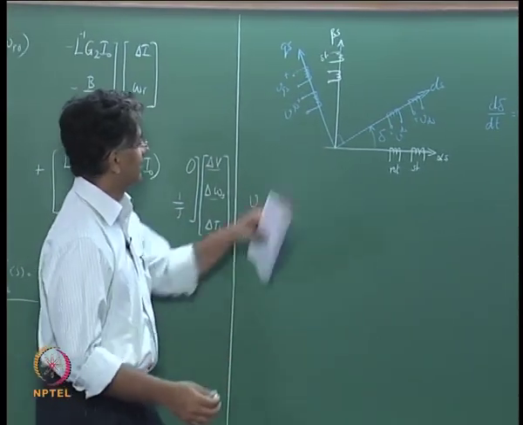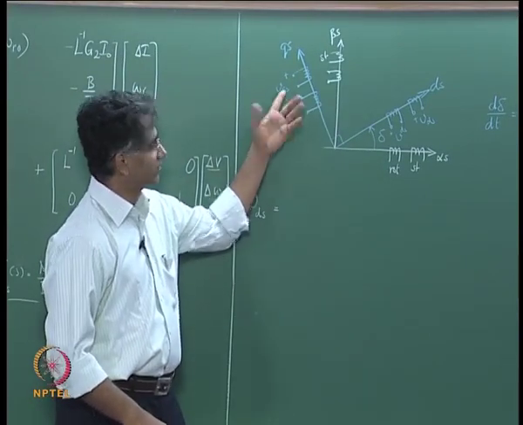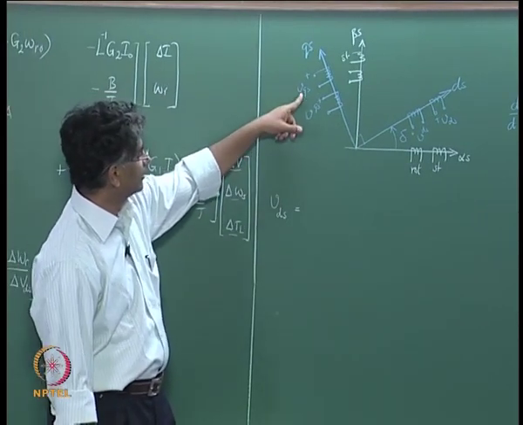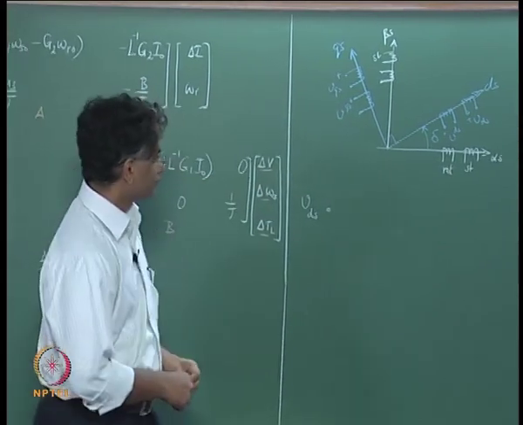Remember, s stands for synchronous speed and q stands for the axis, of course. As long as we write it below, it is a stator, as a superscript it refers to the rotor.